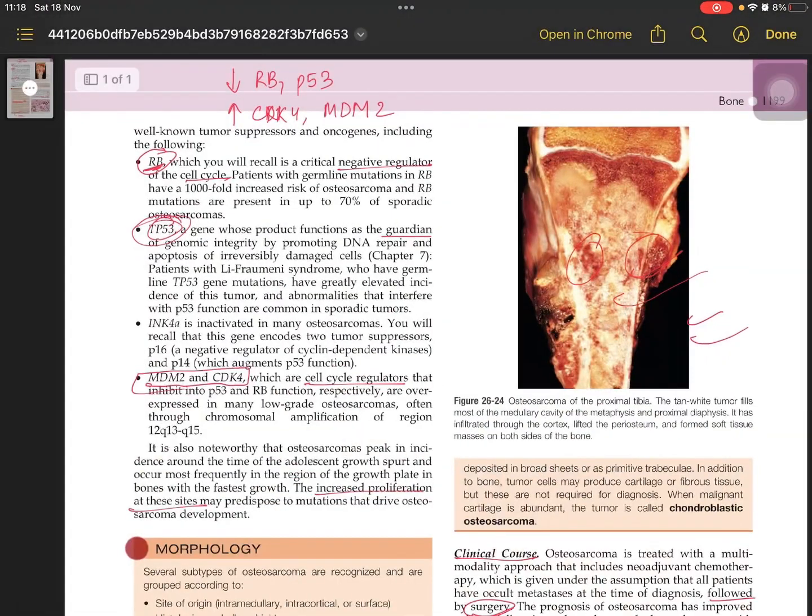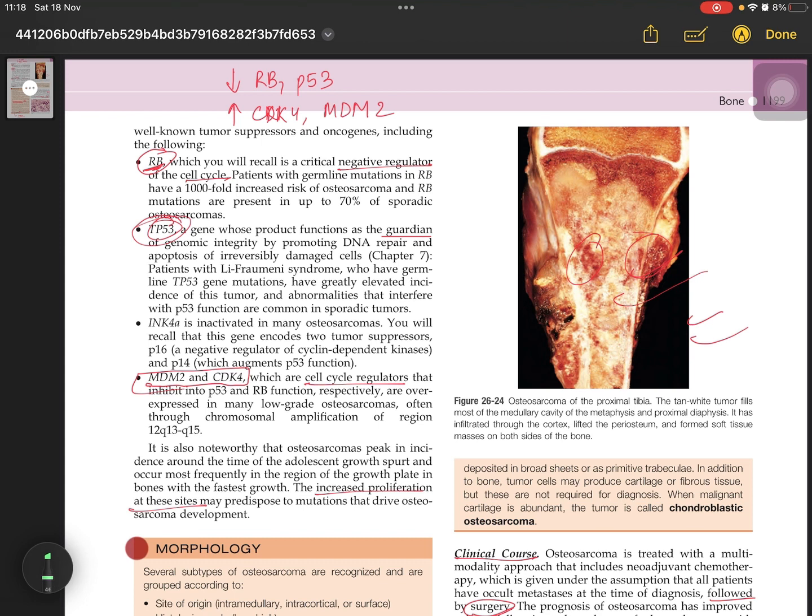Now we'll go on to this page. If you look at the genetic basis of osteosarcoma, there is a decrease in activity of the RB gene and the P53 gene, which you might have studied in neoplasia, and there is an increase in CDK4 and MDM2. The RB gene, the retinoblastoma gene, is a negative regulator of the cell cycle and a tumor suppressor gene.